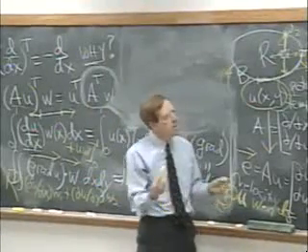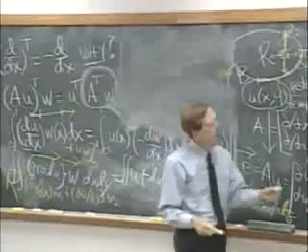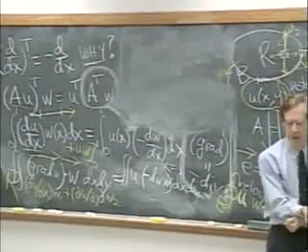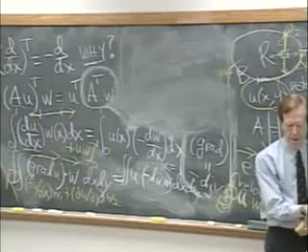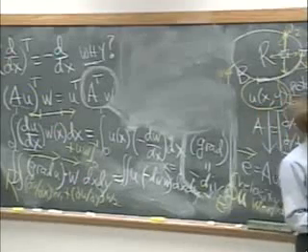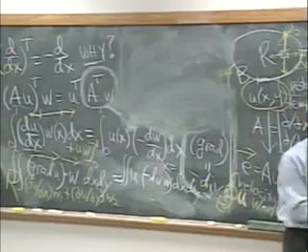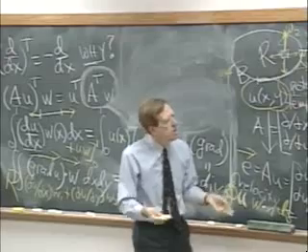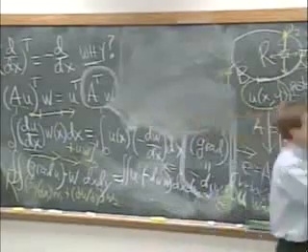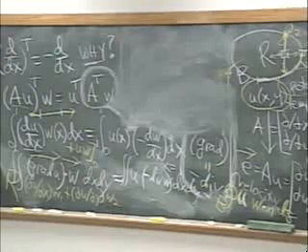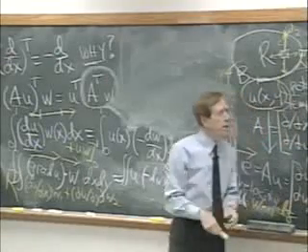Another way to say it is, it's the minus sign that makes the thing positive definite. The minus sign has to be in there to make A transpose A appear, so that with this minus sign the Laplacian is positive definite.